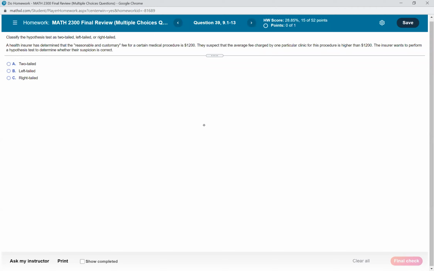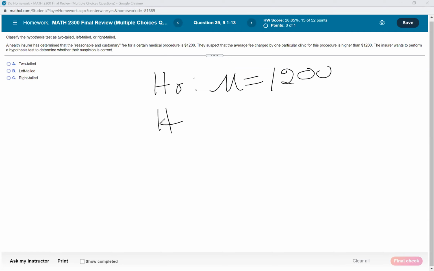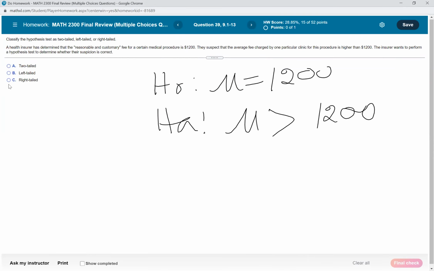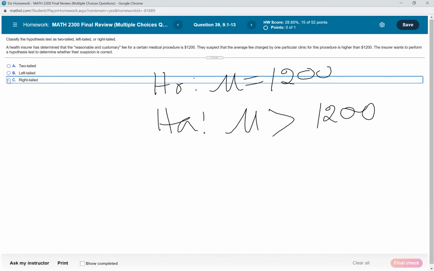The null hypothesis is mu equals 1,200, and the alternative is what they are suspecting: mu is greater than 1,200. So this is a right tail test because mu is greater than 1,200. If it is greater, it is right tail; if it is less, it is left tail; if you have a not-equal sign in the alternative, then it will be a two-tail test. So this is right-tailed.